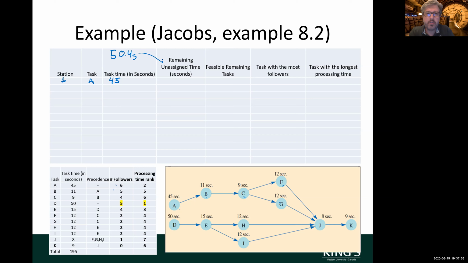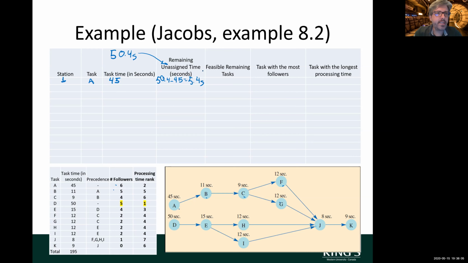So let's look at what the remaining assigned time is. At 50.4, I already spent 45 seconds. So I'm going to write this down here: 50.4 minus 45. Now, how much do I have left? I have 5.4 seconds left.